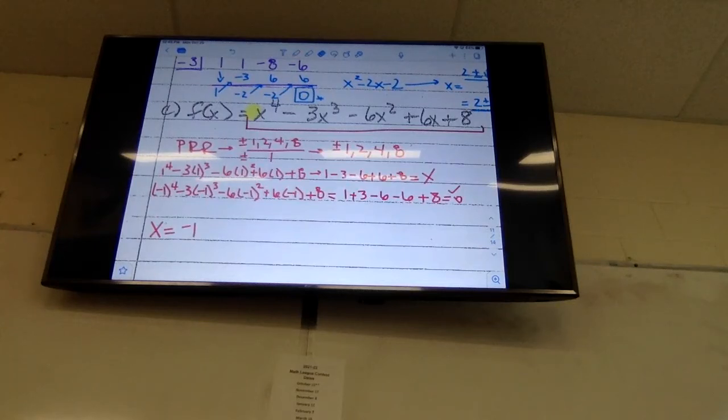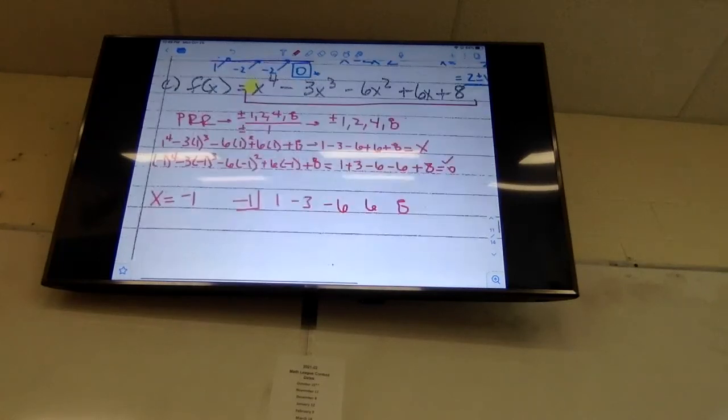Once we find a PRR that works, then we're going to use synthetic division in order to figure out what happens as I go down a step. So I'm going to do -1 in my little box, and I'm going to have 1, -3, -6, +6, +8. See what happens when we divide out this -1.